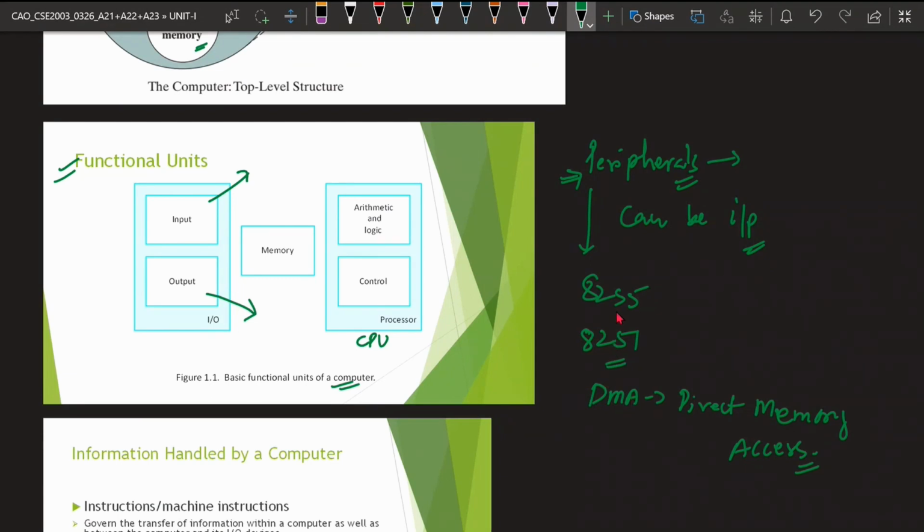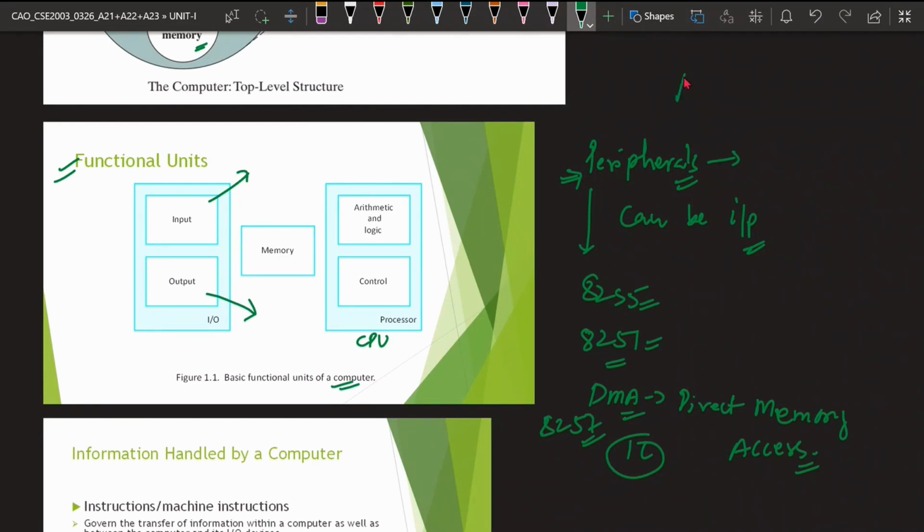There are different peripheral components; the DMA is 8257. It is a separate IC that is basically used for direct transfer of data from one peripheral to another peripheral, or from memory to a peripheral.